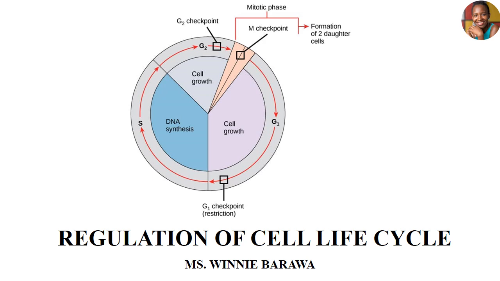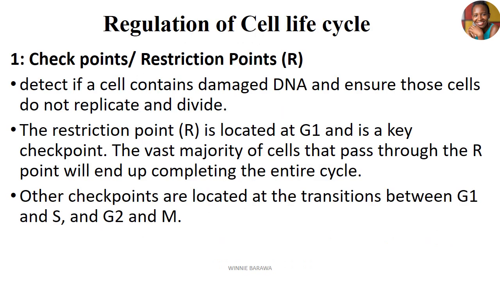So in the cell life cycle, we say that the cell goes through four main stages, starting with the gap 1 phase, S phase, gap 2 phase or G2 phase, and the M phase or the mitosis phase that contains mitosis and cytokinesis. But today we want to see how we ensure that we don't end up producing damaged cells or cells that don't have the proper content.